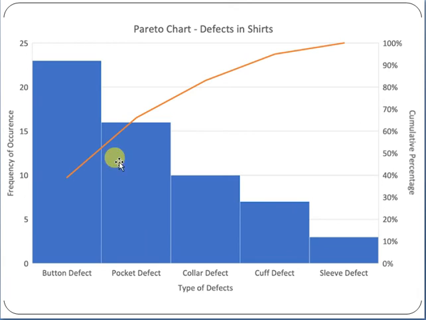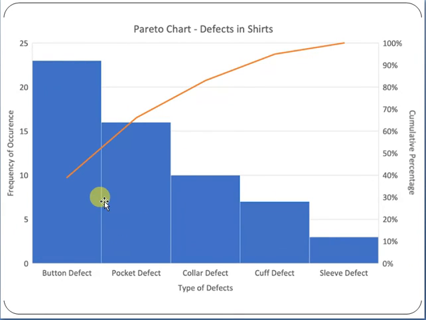Okay, so friend, in this way you can analyze the reasons, and also you can see that these are the bars, and the bars are arranged in descending order. Types of defects are in descending order, from highest to lowest.